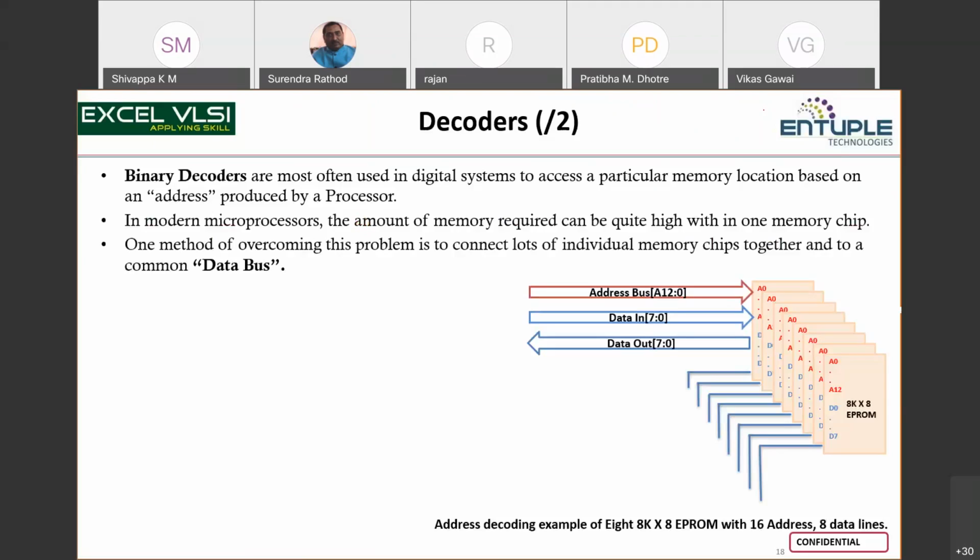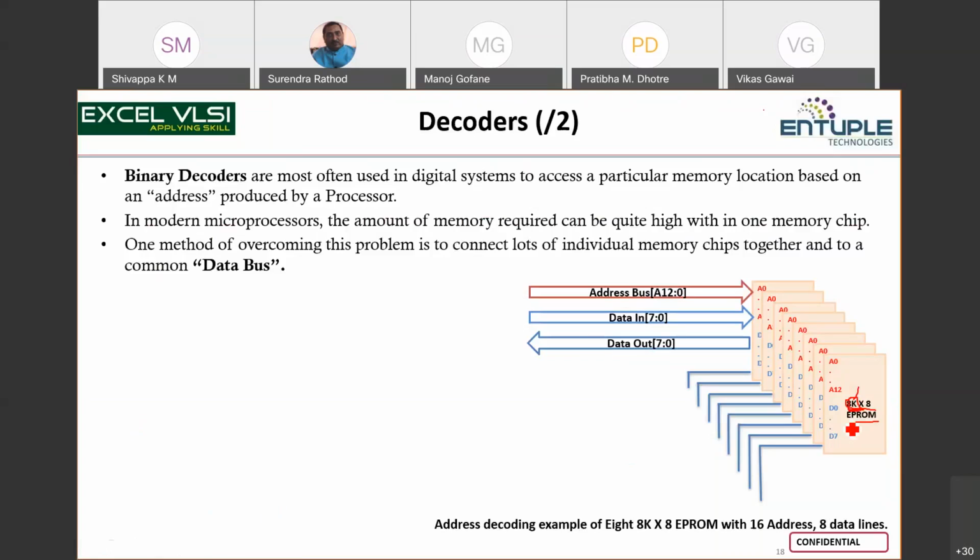Now let us say you have an 8K into 8 EEPROM memory. For 8K, how many address lines does a processor need in order to address it? Let me ask, for 1K, how many address lines do you need? You can just post your answers in the chat box. That makes it a little interactive. Right? 10.